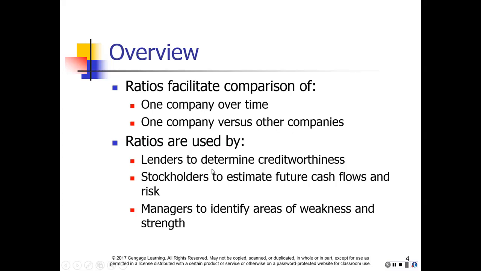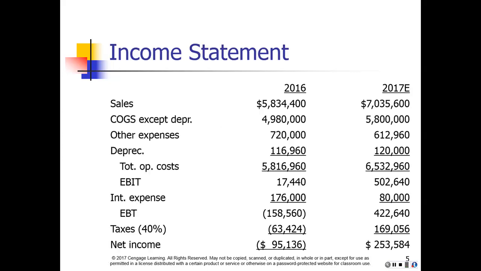Well, lenders use financial ratios to determine creditworthiness of a company. Stockholders use the ratios to estimate future cash flows and risk, and then decide how much they're willing to pay for company stock. And managers use ratios to identify areas of weakness and strength to figure out where they should focus their attention.